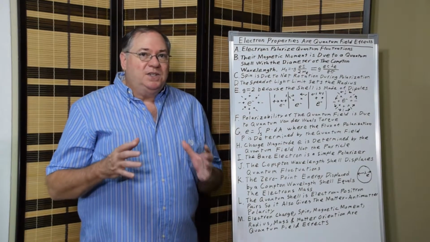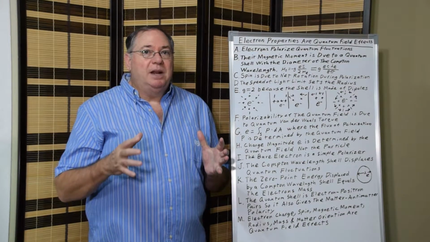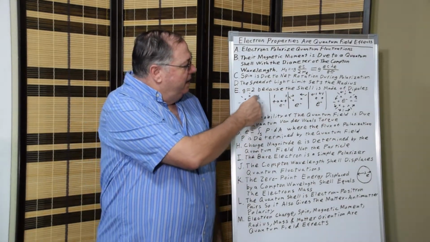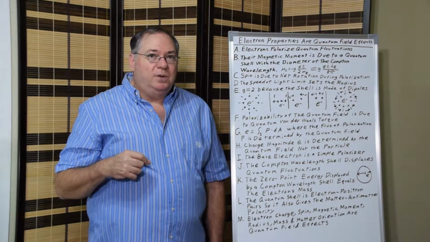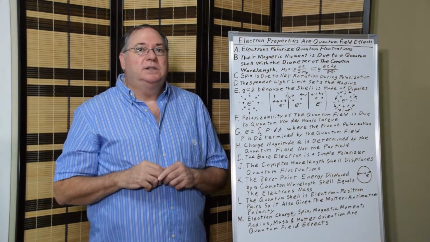And so that tells us that we have a shell that's rotating at the speed of light. But it's made of electric charge dipoles. So it's actually 2 charges that are rotating in opposite directions.